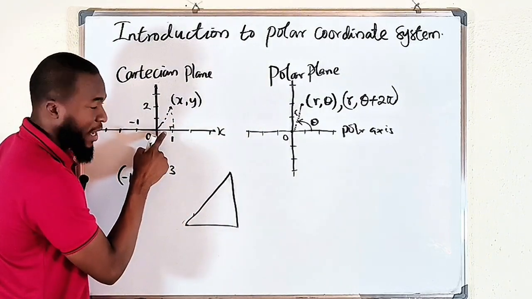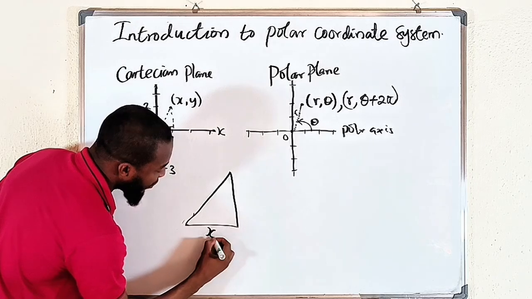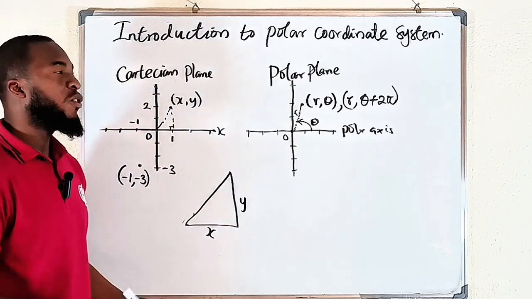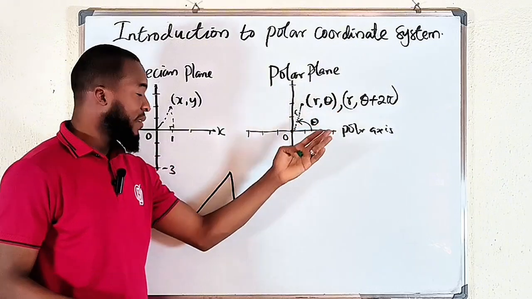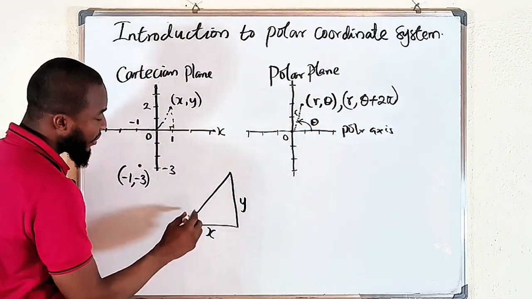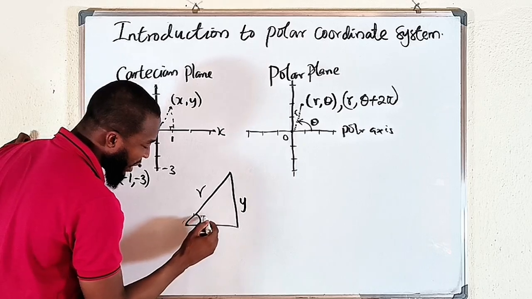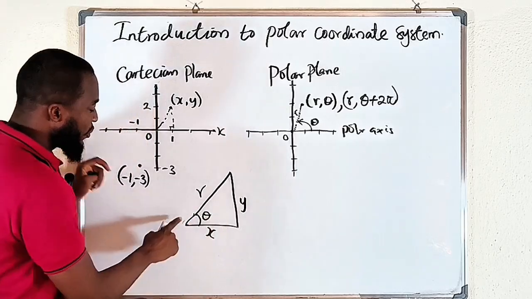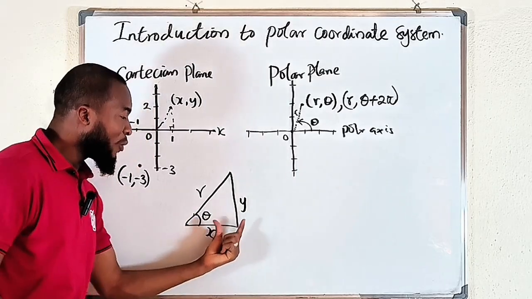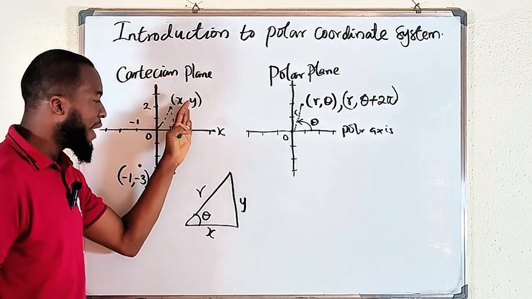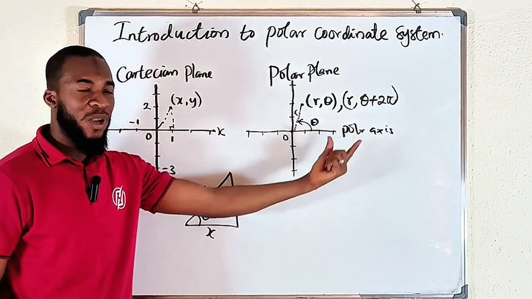The distance from here to here is determined by the x value. The distance from here to here is determined by the y value. But you know that in the polar coordinate system, we are interested in this distance, this particular one, and also this particular angle. So assuming you are given x and y, because that is what you will always be given in the Cartesian plane, how can you convert it to this one?